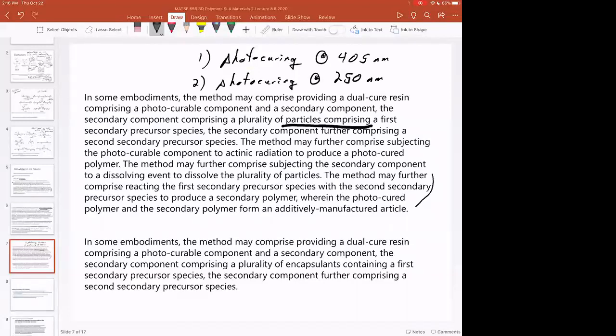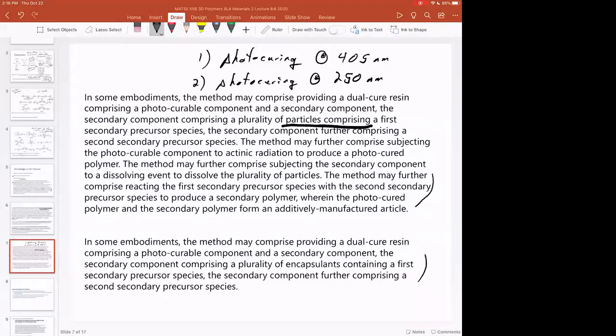And because 250 nanometers is a higher energy than 405, you can often do low energy curing first and then high energy curing second. And so that's an interesting approach, and they talk a little bit about it in the patent. And then again, they talk about encapsulants here.